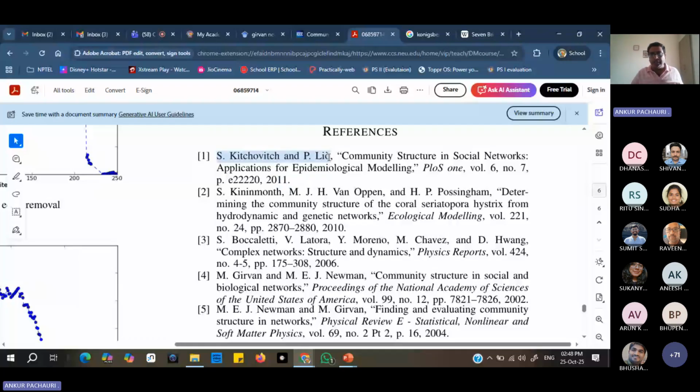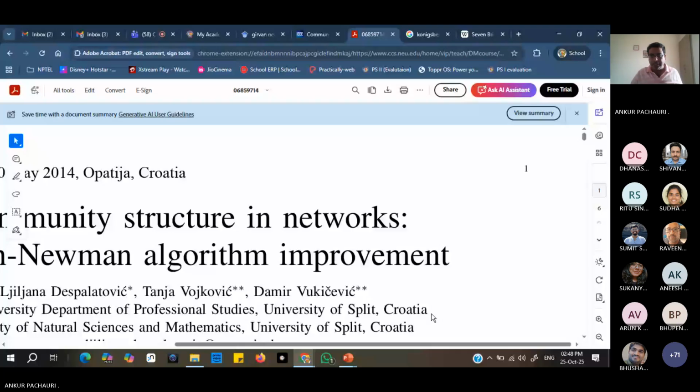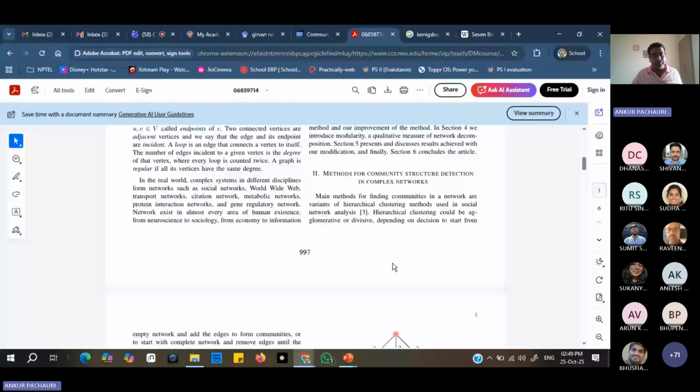So the paper contains the title, the author, and the references.